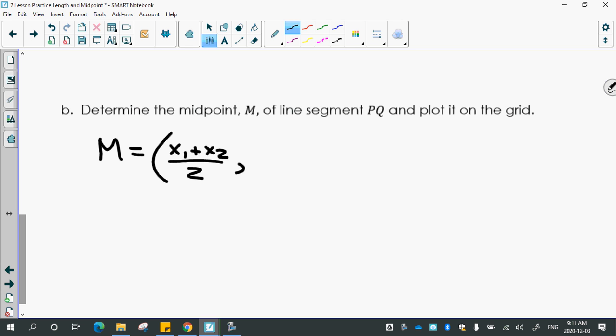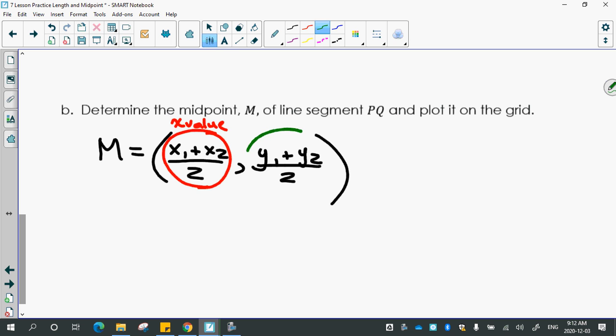You're not used to seeing that. But it's because this is the formula to get a point, and a point has an x and a y. Okay? So the x value comes from using this part of the formula. So the x value for the midpoint comes from here. And the y value for the midpoint comes from here.